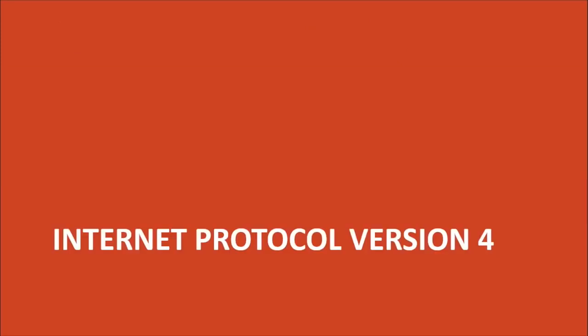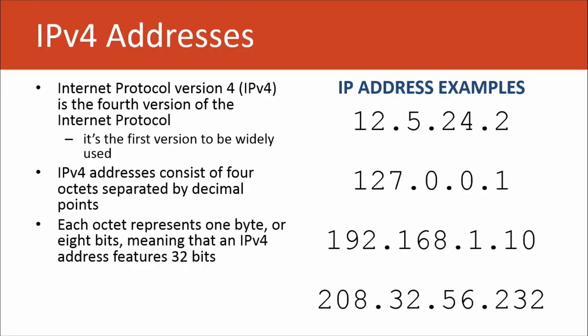All right, let's talk a little more about IPv4. This is the fourth version, that's why it says v4. It's the first version, though, of the IP protocol to be widely used. IP addresses consist of 4 octets. We touched on this briefly in a previous presentation, but it's super important to know.